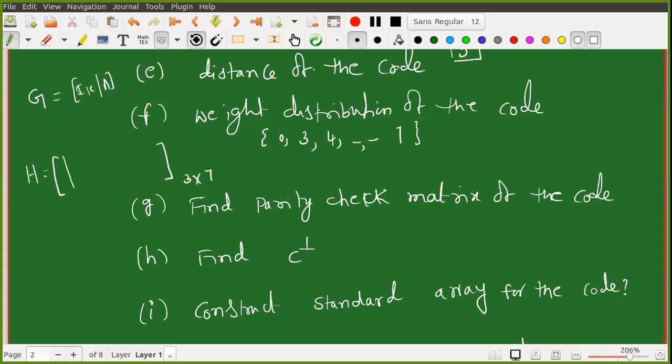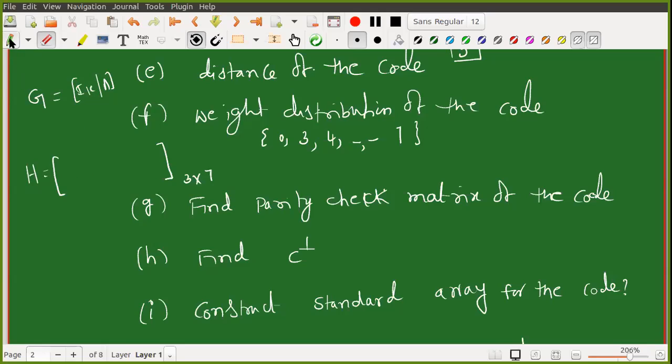Each column is a vector of length how much? 3. Very good. How many vectors of length 3 are there here? 7. Good. Is there any chance that it contains a 0 column? No. Why can it not contain a 0 column?